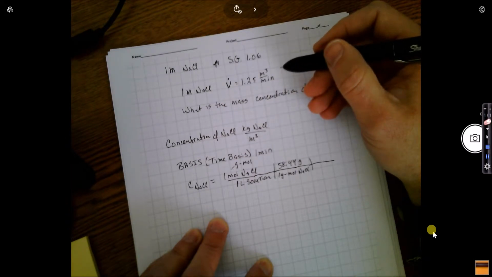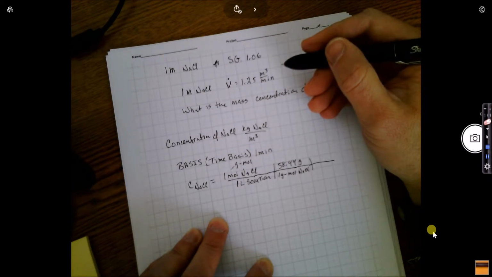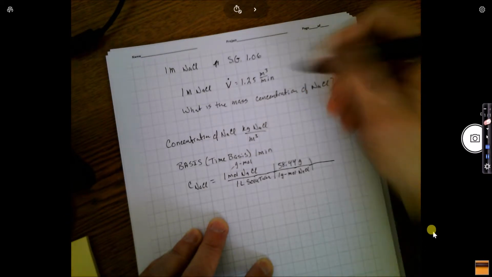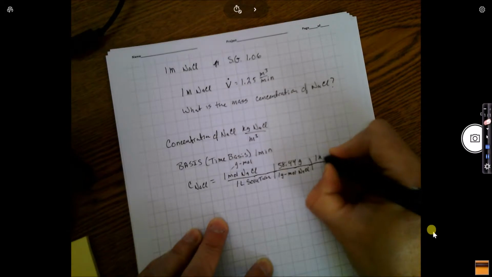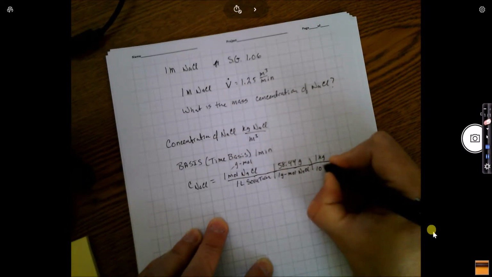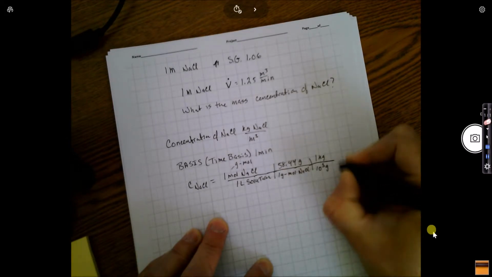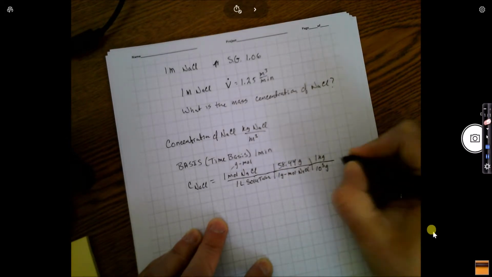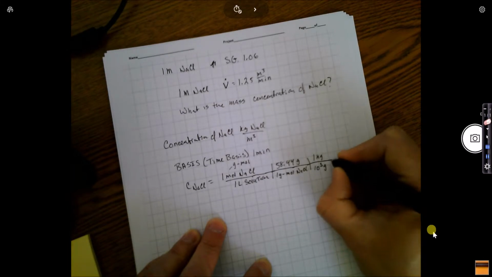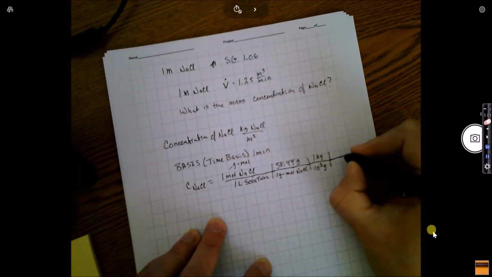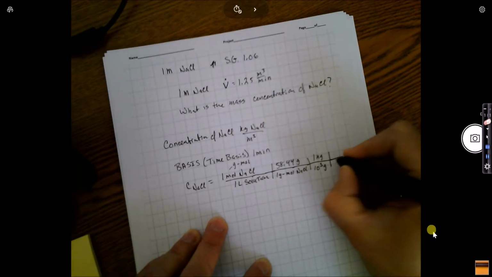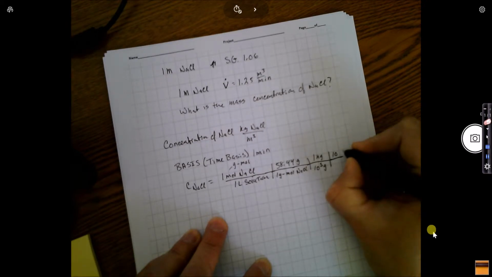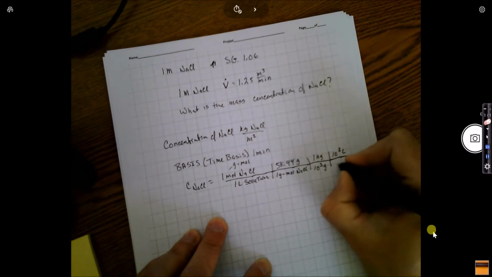So we're going to go through and do that conversion. 1 kilogram is 10 to the power of 3 grams, or 1,000 grams. I put it in 10 to the power of 3 just because I'm running out of room on my paper. And a liter to cubic meter: there's 10 to the 3 liters, or 1,000 liters, in a cubic meter.